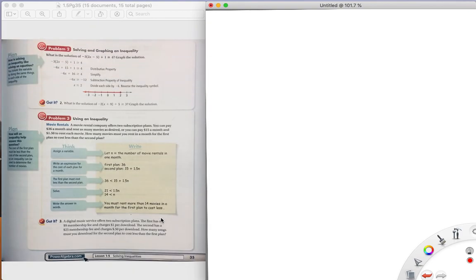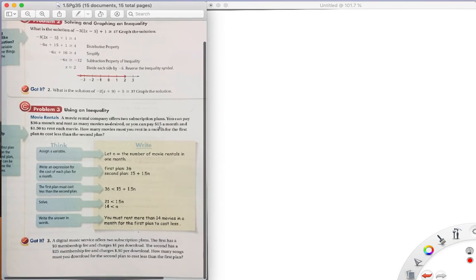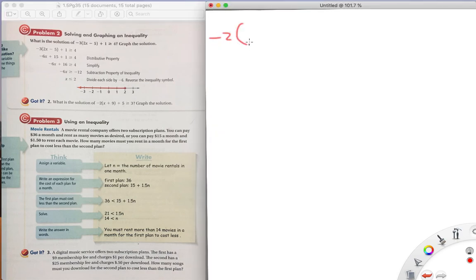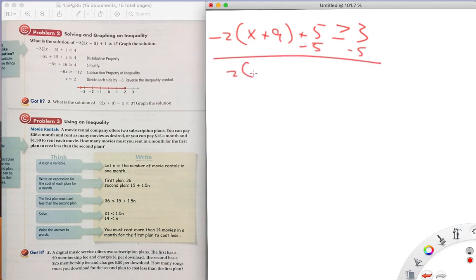Okay, solving and graphing an inequality. So if I wanted to solve and graph the solution, here I have negative 2 times x plus 9, plus 5, is greater than or equal to 3. First thing I'm going to do is subtract 5 from both sides. That gives me negative 2 times x plus 9 is greater than or equal to negative 2.